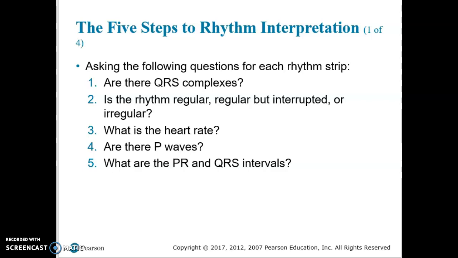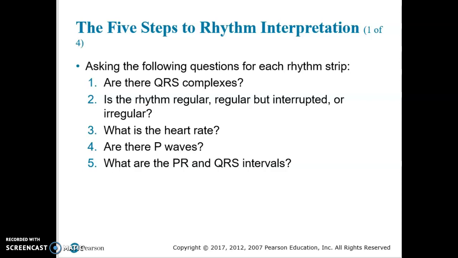If you answer yes, you're going to ask yourself the question, are they the same shape or does the shape vary?